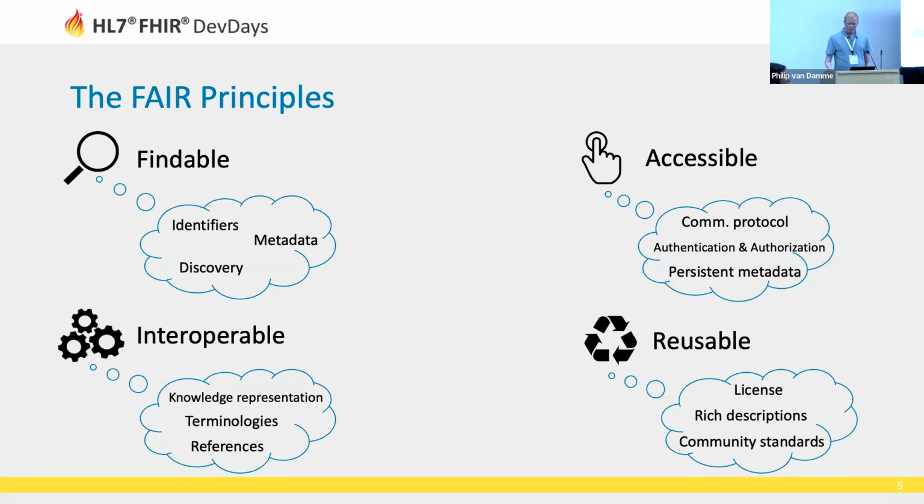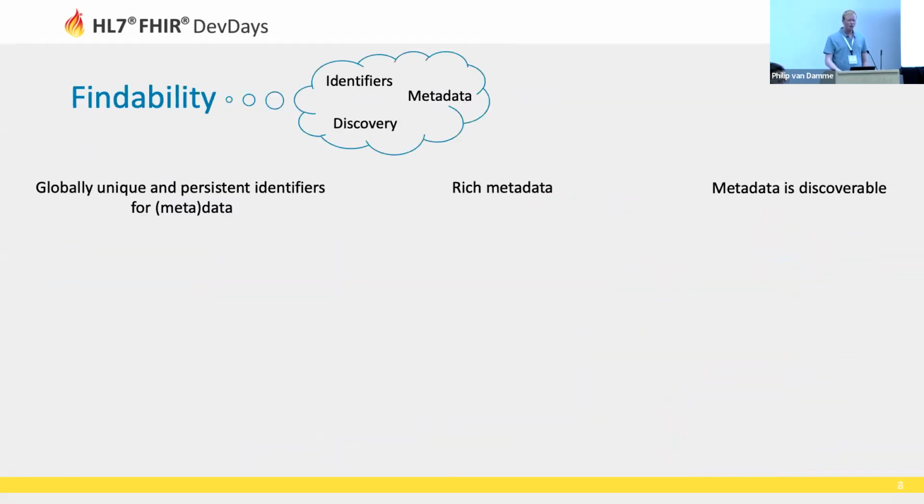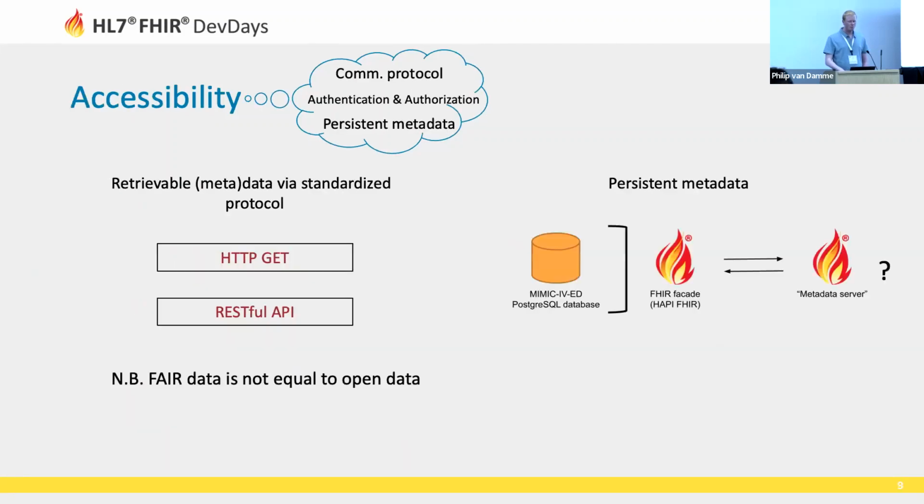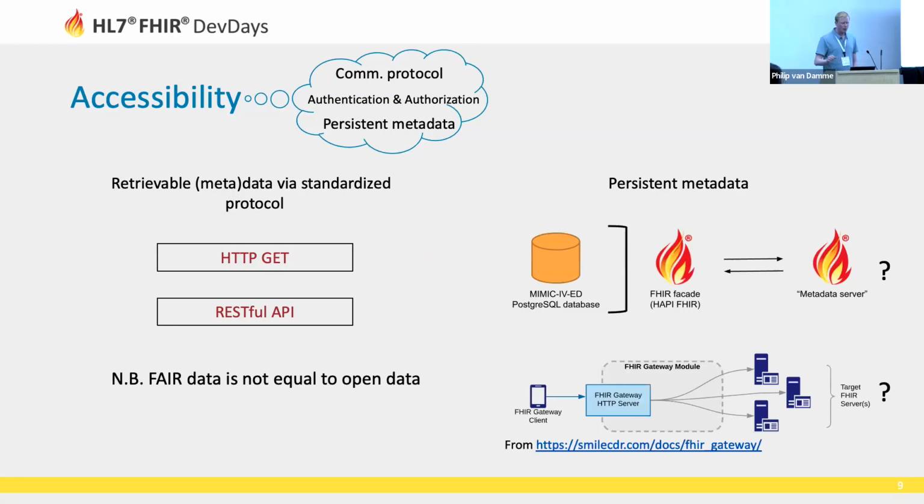So I noticed when you went through accessibility, you didn't mention much about authentication and authorization. Did you find SMART on FHIR lacking there? I didn't look into SMART on FHIR, to be honest. And also I haven't looked much into doing authentication and authorization using a FHIR server.